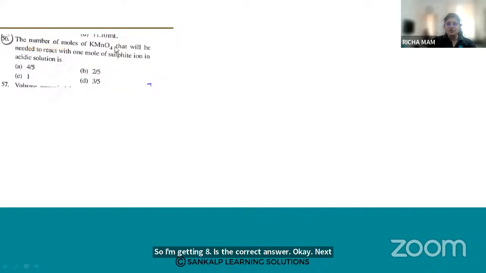The number of moles of KMnO4 that will be needed to react with 1 mole of sulfite ion in acidic solution is.